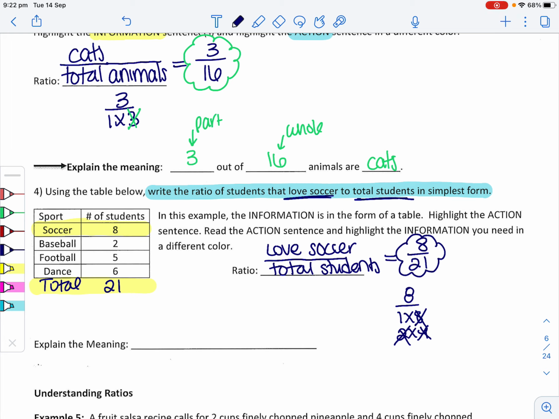So I'm going to say that 8 out of 21 students love soccer. And that is the meaning of the ratio that I just wrote. Okay.